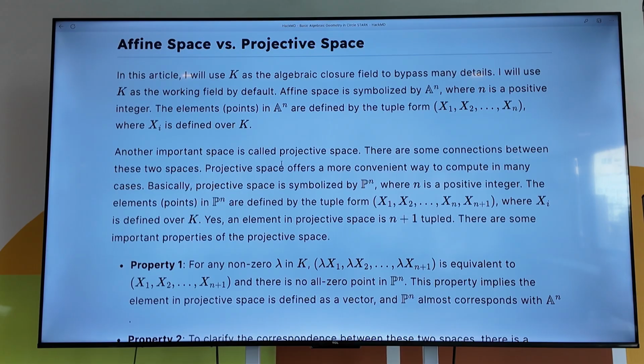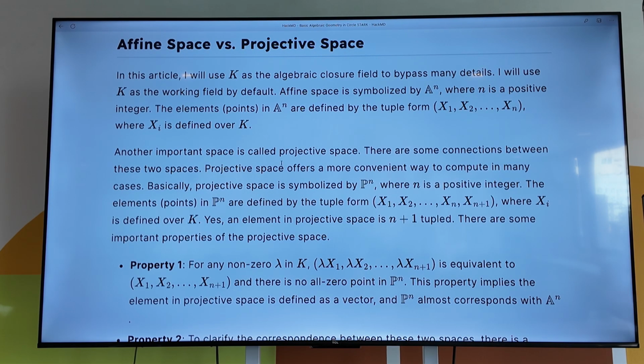But the difference between these two spaces is that the element in affine space you can think of as a point, and the element in projective space you can think of as a direction.